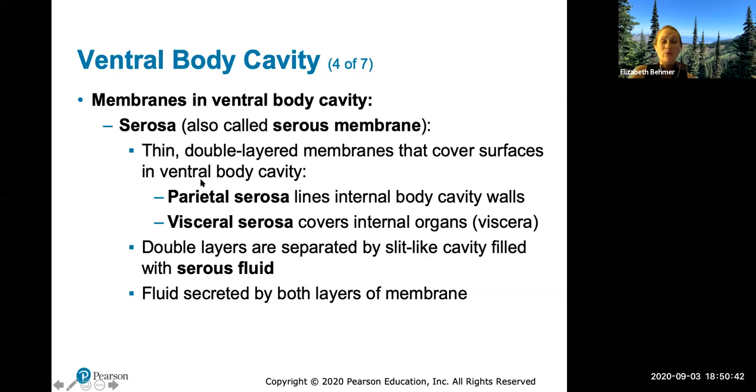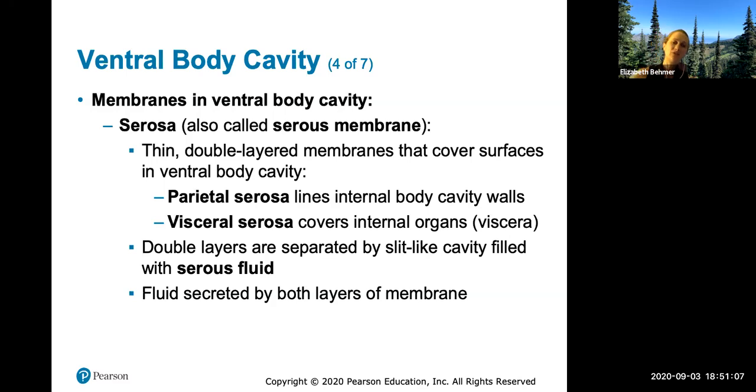Then we get to membranes. So all of your body cavities and organs are covered in a membrane, and we call these serosas, also known as a serous membrane. They're thin, double layered membranes that cover the surface in the ventral cavity. So this double layered membrane, we call one part of it the parietal serosa, which will line the internal body cavity walls.